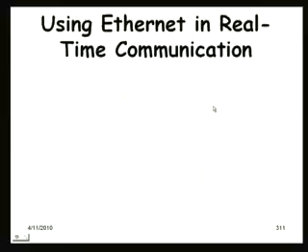Now, let us proceed towards discussing Ethernet in real time communication. Can we use Ethernet in real time communication? What do you think? What can be the problem using Ethernet in a real time situation?